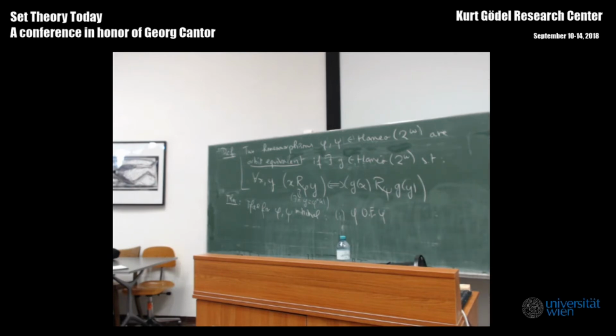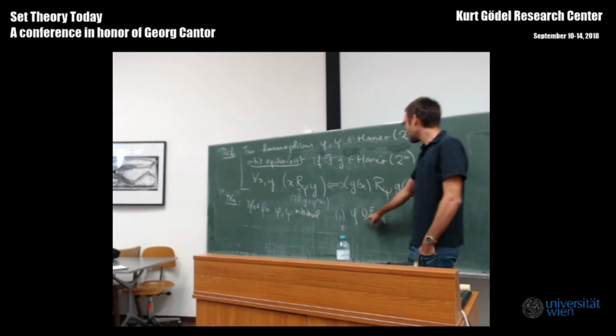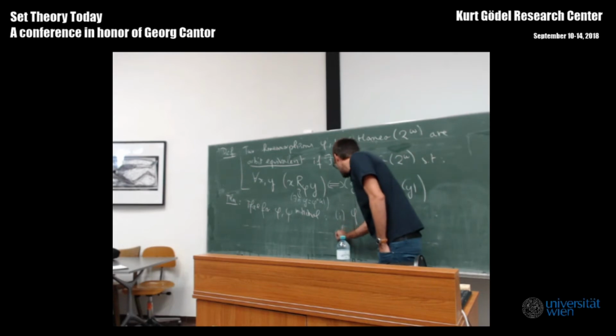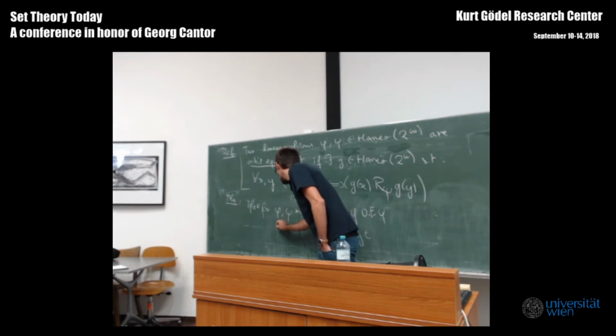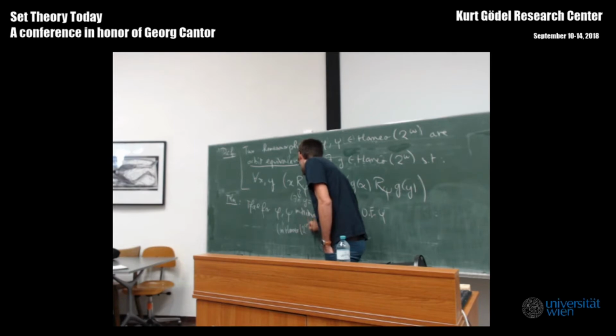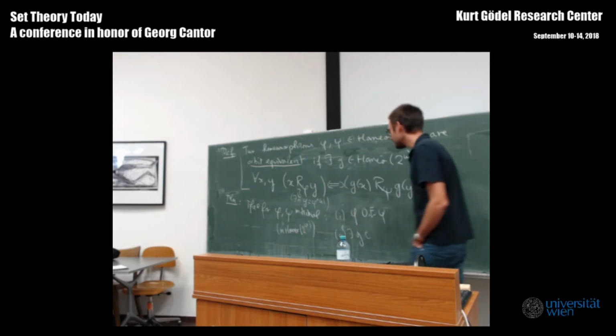So this is actually a way to not have to erase the board. I just write fewer and fewer words. I can condense the talk. So phi is orbit equivalent to psi, or there exists some G, say, homeomorphisms again of 2 to the omega or Z, depending where we're at.